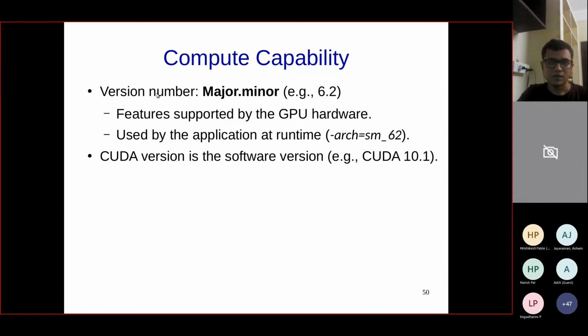So this compute capability is for the GPU, which gives the version for the GPU hardware, while CUDA is a software concept. I hope that this distinction is clear.